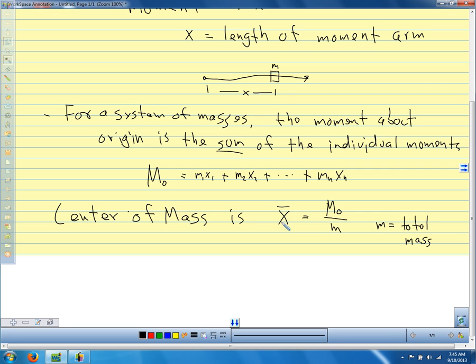So we just multiply the mass times the distance from our object. So the idea of moment about the origin is pretty straightforward. We're talking about a balance beam. Where will it balance if these masses are distributed this way?